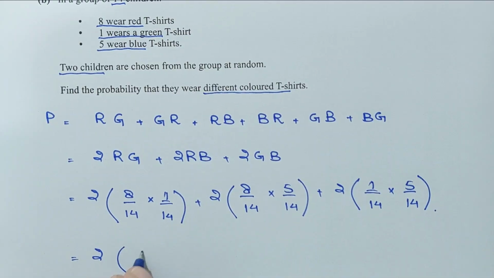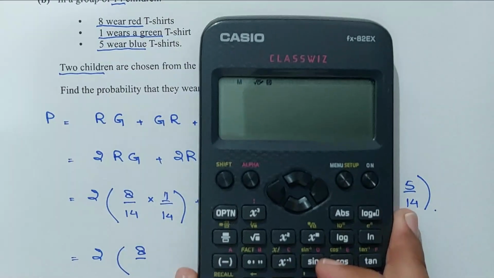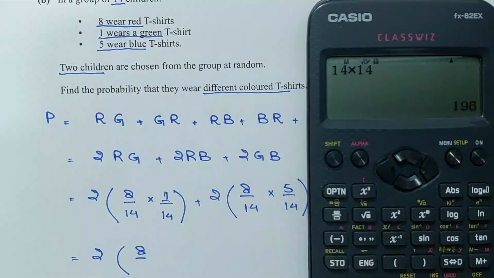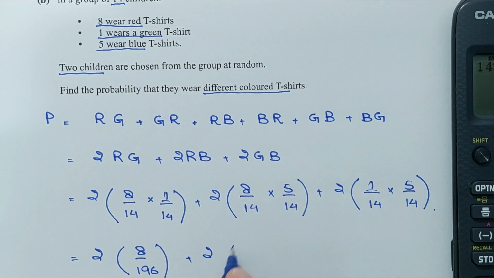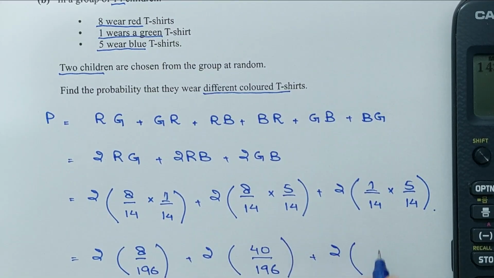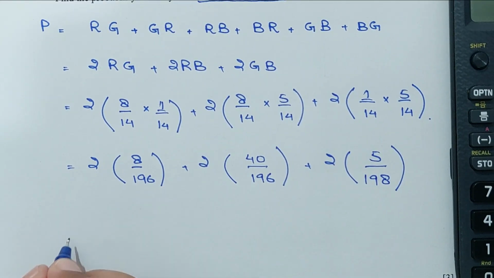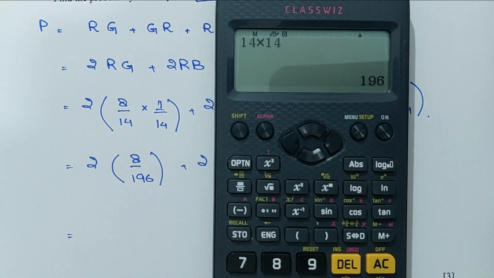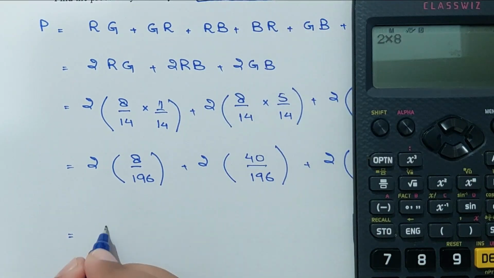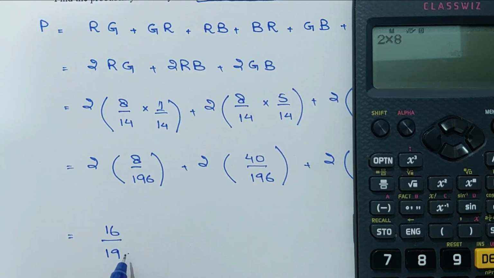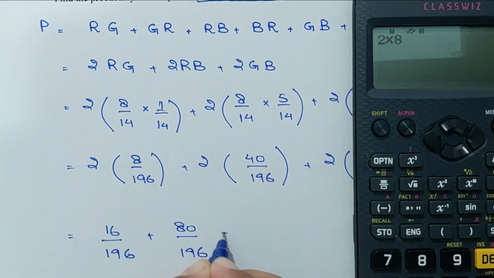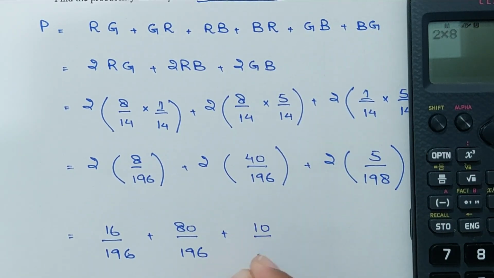This is 2 times 8 out of 14 times 14, 196, plus 2 times 5 times 8 is 40 out of 196, plus 2 times 1 times 5 is 5 out of 196. So 2 times 8 is 16 over 196, 2 times 40 is 80 over 196, plus 2 times 5 is 10 over 196.